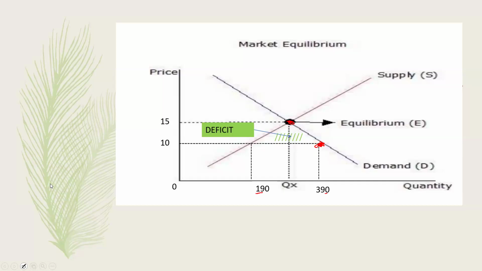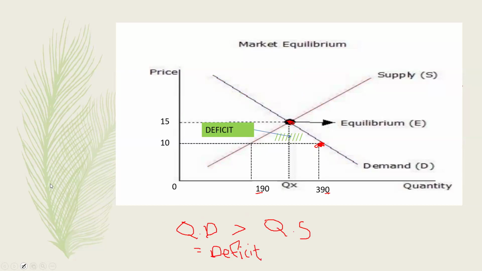So while demand and supply, we are seeing that quantity demanded is greater than quantity supplied. That gives us a deficit in the market.